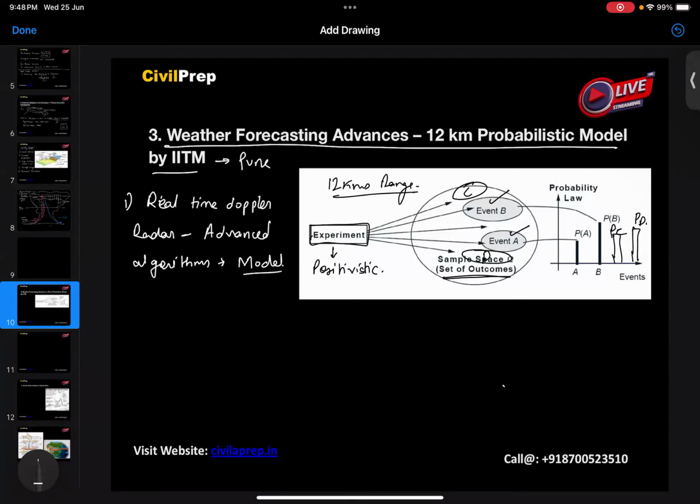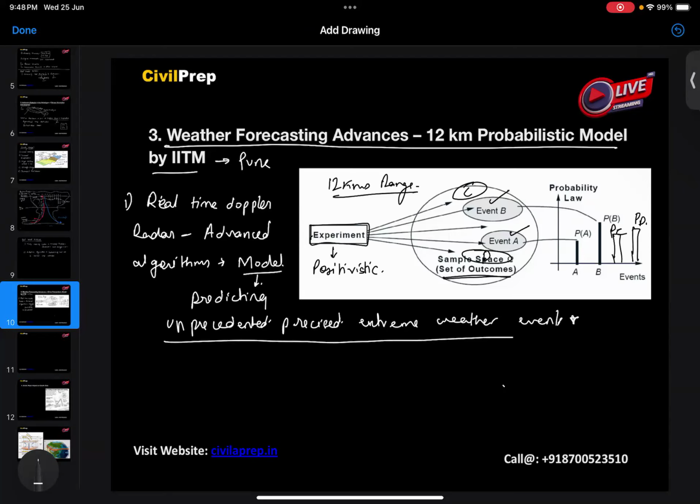This model was basically predicting unprecedented, precise, extreme weather events. Now, this is something unique which has been done by this probabilistic model.